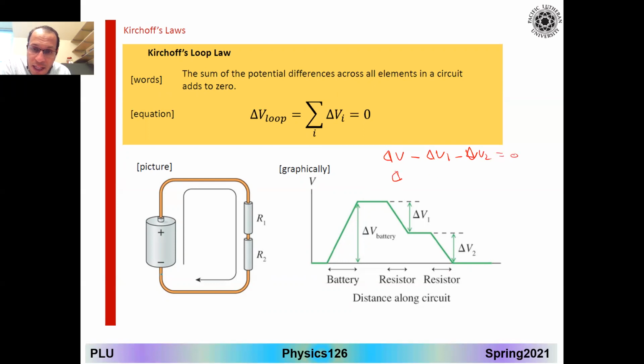Or you can write, sorry for my bad writing, delta V of battery equals delta V1 plus delta V2. All of this just rewrites the Kirchhoff law in a different way. Okay, so that's the interpretation for the graphical part.